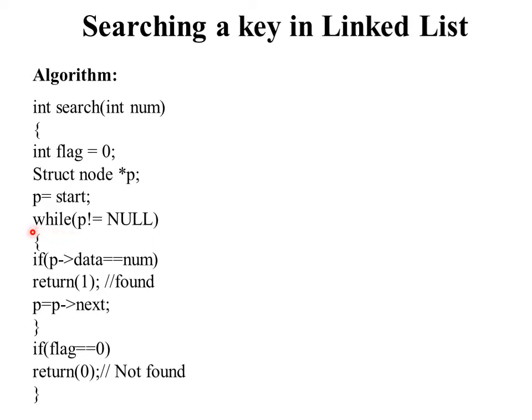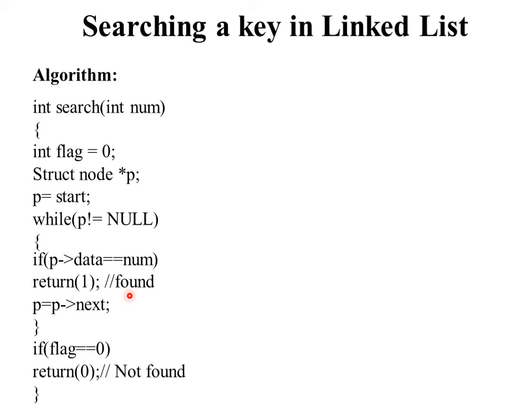While going to the last node, we check if P points to data is equal to num. Means first P points to the first node, then we check if the first node data is equal to our key. If this condition is true, then the element is found in the first node.